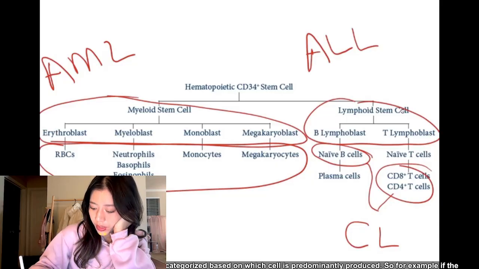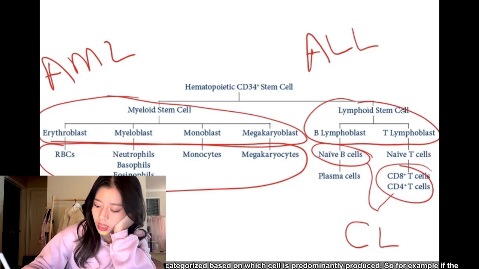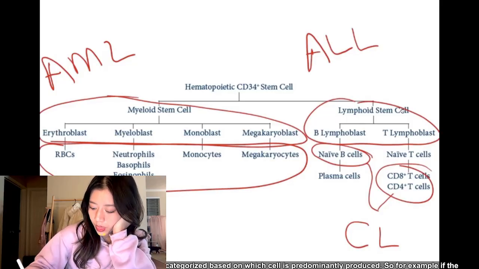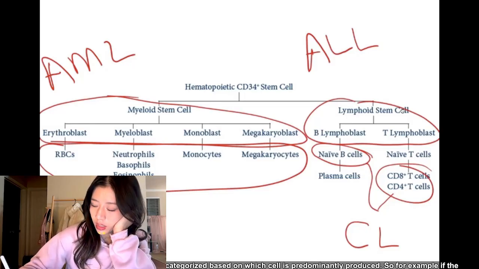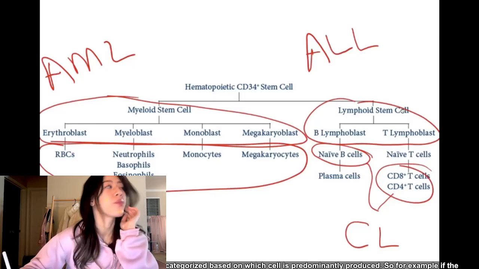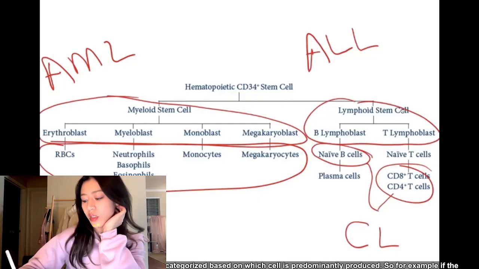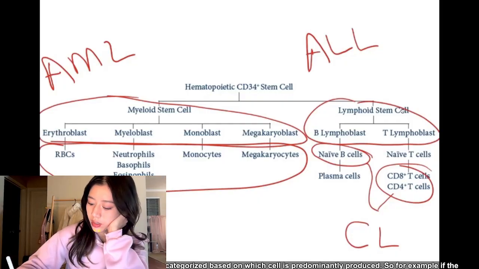Neoplastic proliferation of the lymphoblast is ALL. And the mature lymphocytes, that's chronic leukemia, CL.